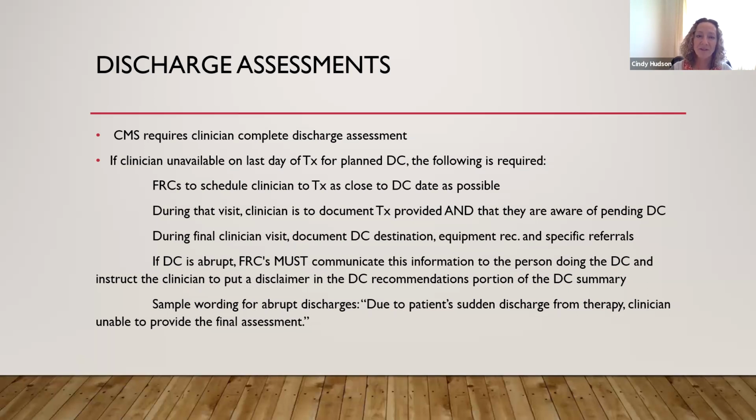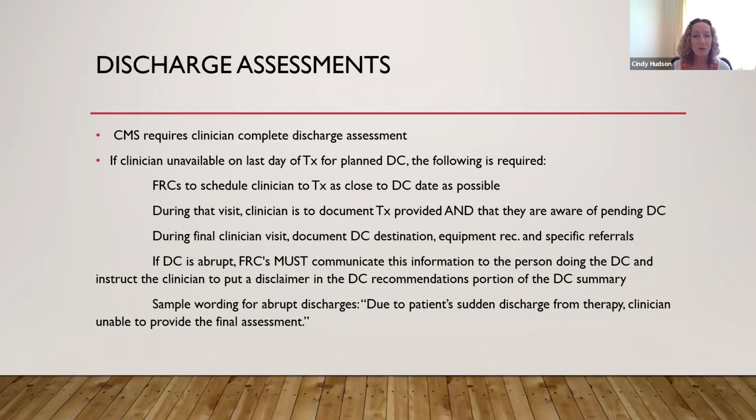During that final visit, the clinician is to document the treatment they provided, that they're aware of the pending discharge, as well as any discharge destination information, equipment needs, and specific referrals that might need to be made. All that information is to go into the treatment note for their final visit.